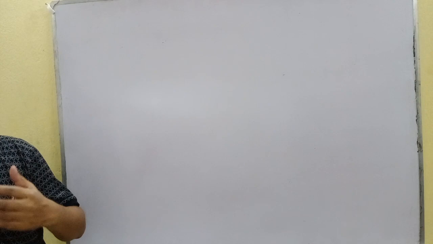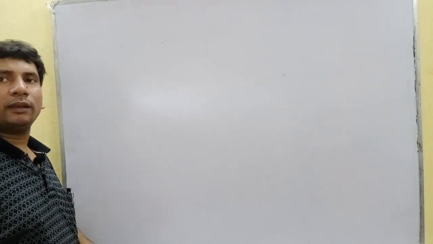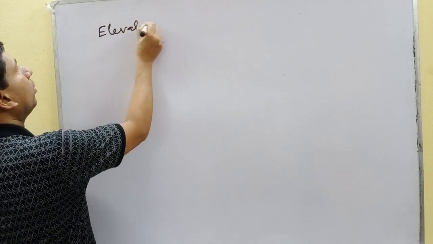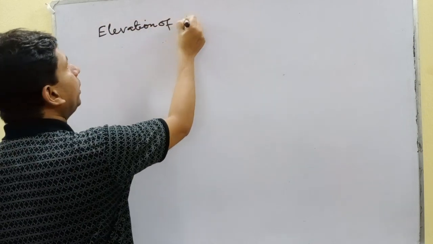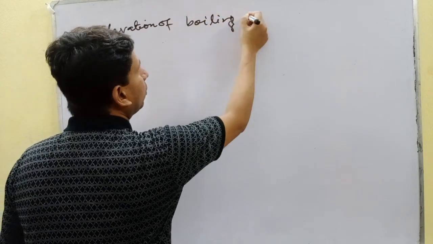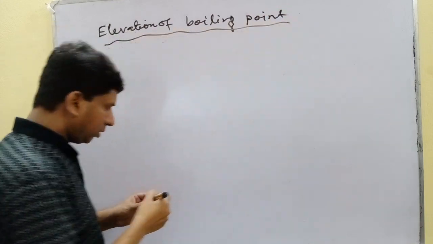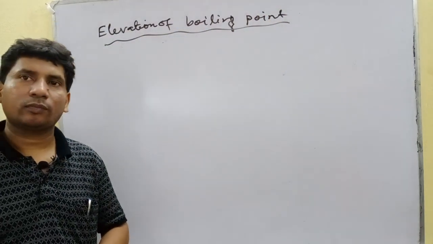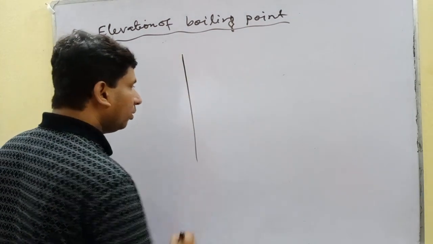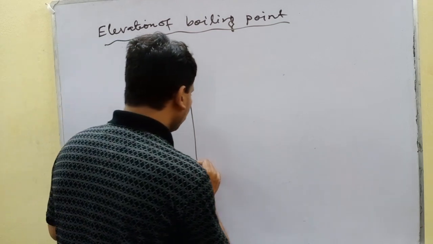Then the second colligative property: elevation of boiling point. What is this? Elevation of boiling point. At first we will learn about the graph.